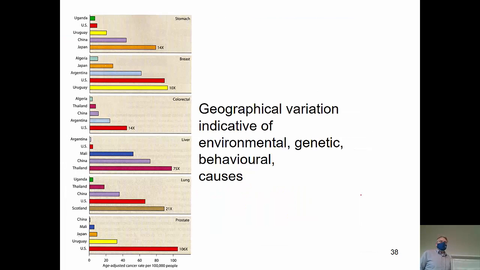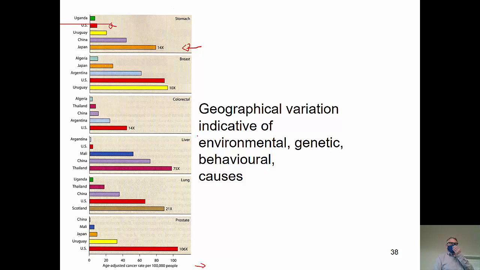Okay, so what we're looking at here is the x-axis is age-adjusted cancer rate per 100,000 population. And these are just bar graphs looking at different types of cancers, and each one of these bar graphs is looking at a different place. So, for example, stomach cancer has a much higher prevalence in Japan compared to the US.